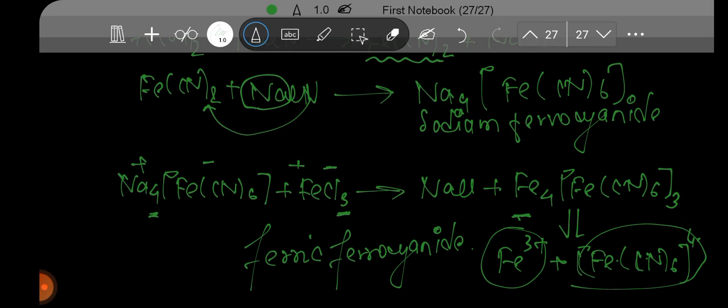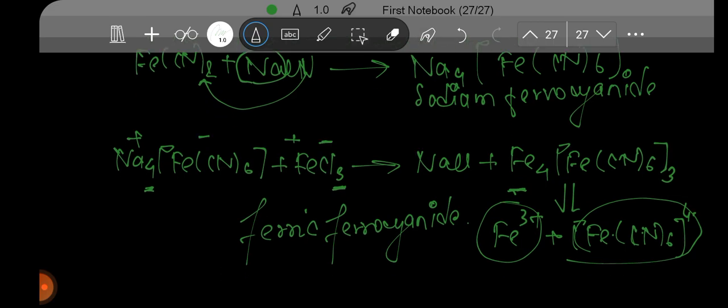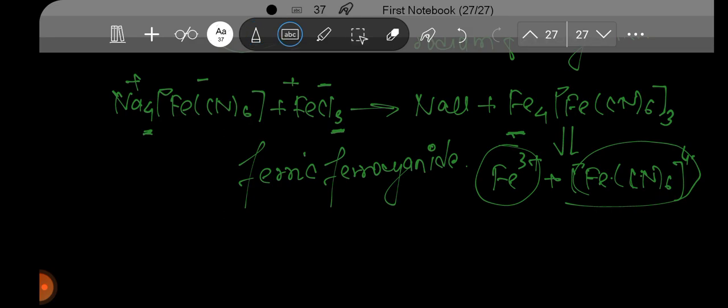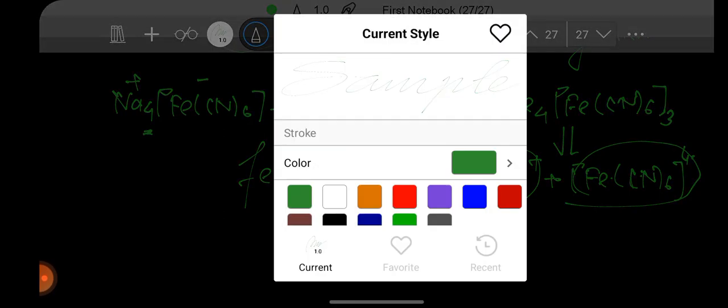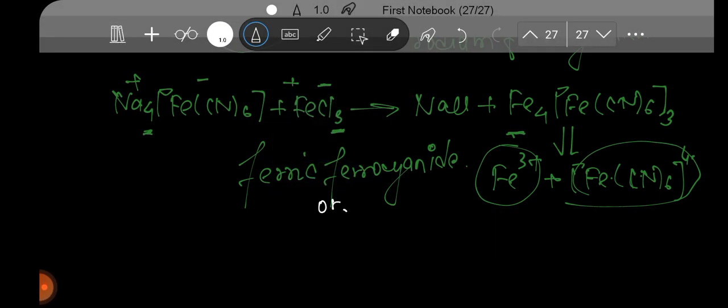Ferric ferrocyanide, which is also known as Prussian blue.